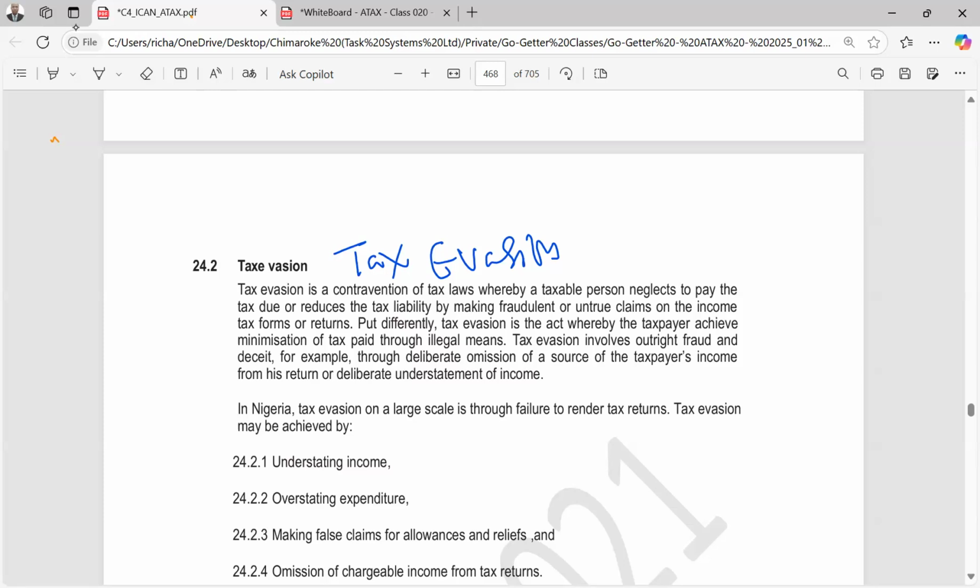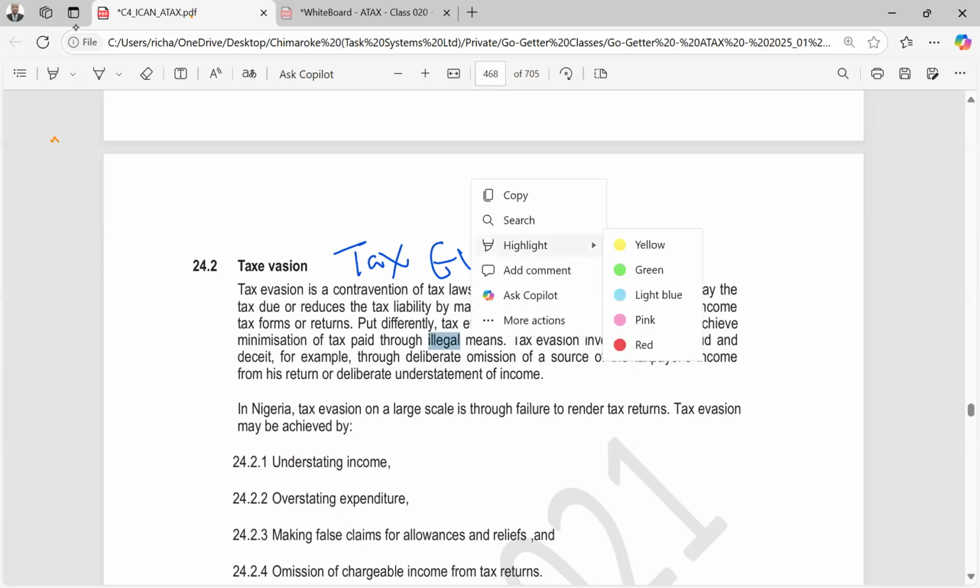Tax evasion. This is avoiding to pay tax in an illegal way, in a fraudulent way. So how do people avoid paying tax in an illegal way? We'll be telling you about that in a moment.